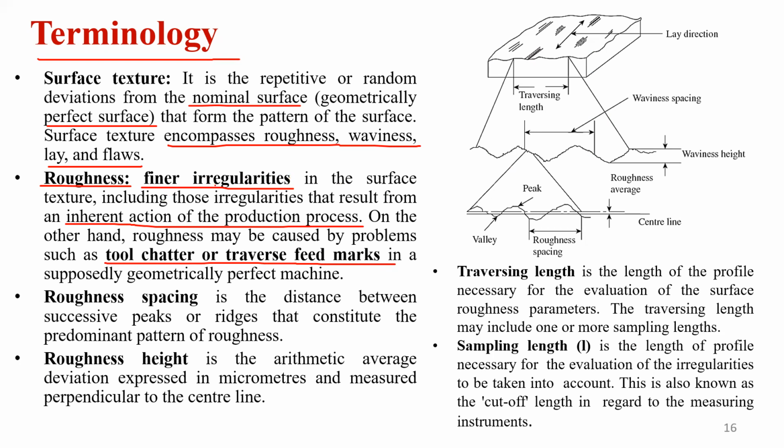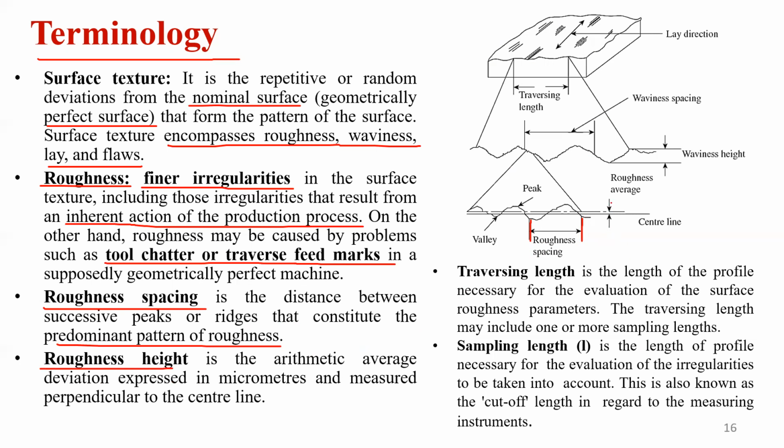If the surface has finer irregularities, then we can say that the surface is a rough surface. So how do you measure the roughness spacing? Roughness spacing is the distance between the successive peaks or ridges that constitute the predominant pattern of the surface.